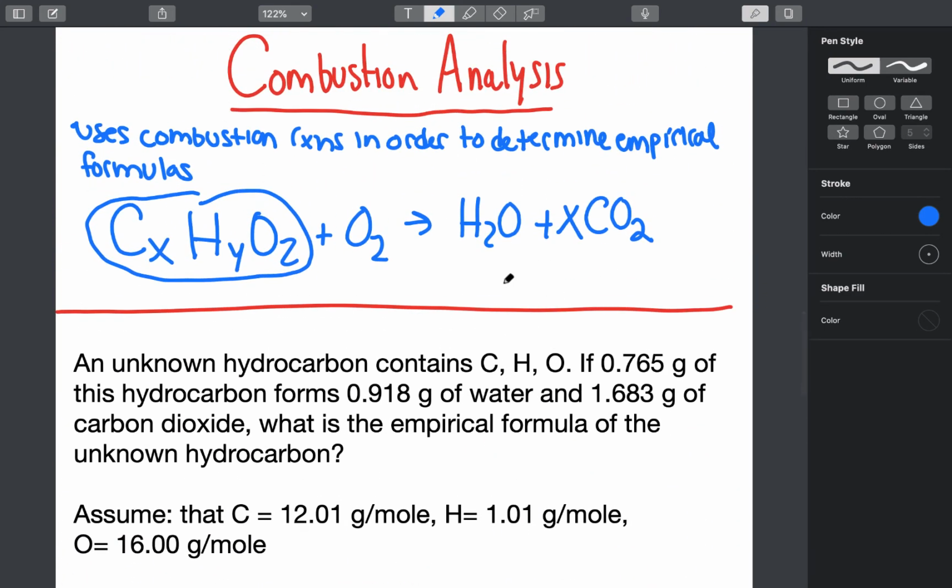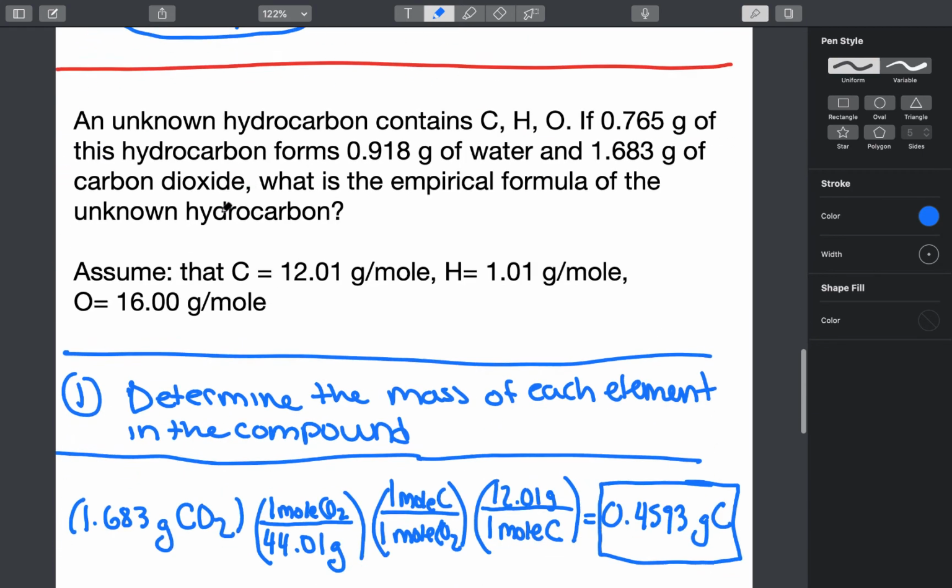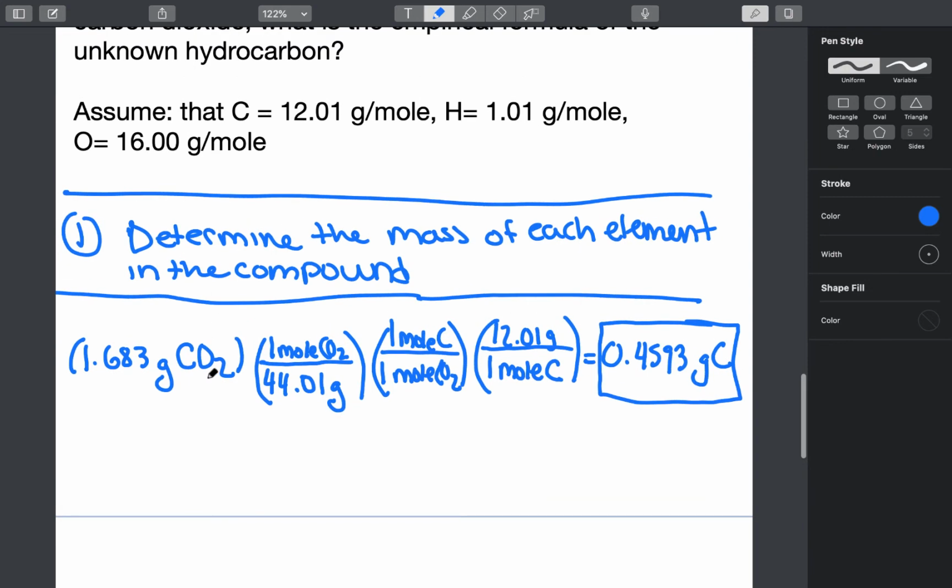Let's go back to our general equation. In the combustion reaction, we have water being formed. So if your reaction is nicely isolated, all the water produced, and the hydrogen within that water produced, will be due to the hydrogen in the sample. So let's take the amount of hydrogen.